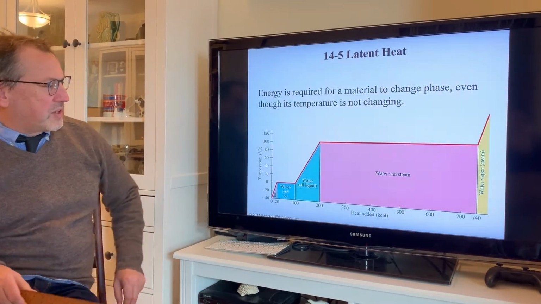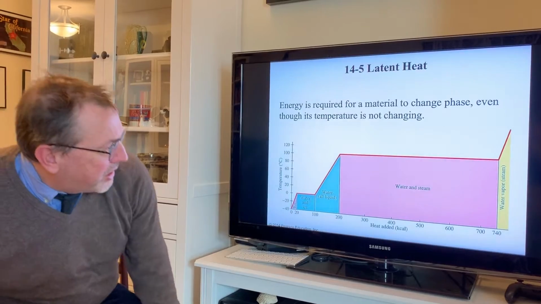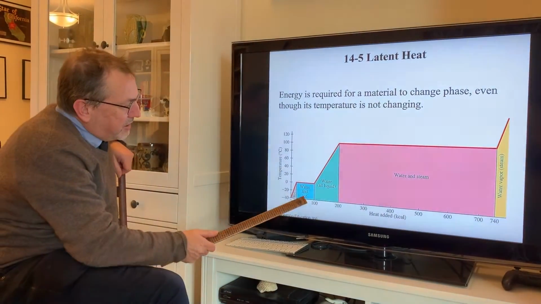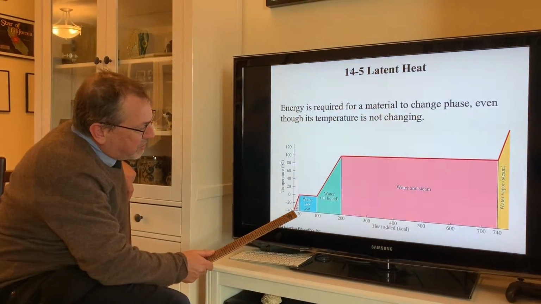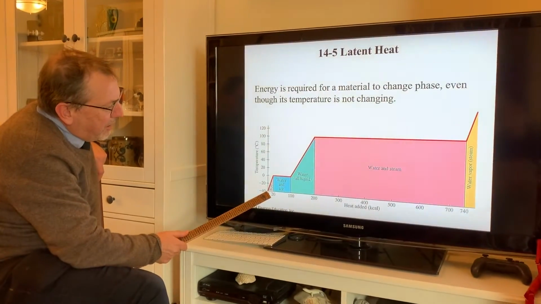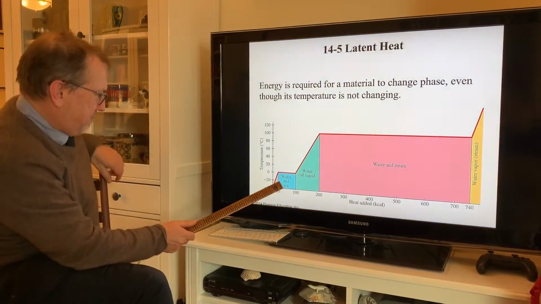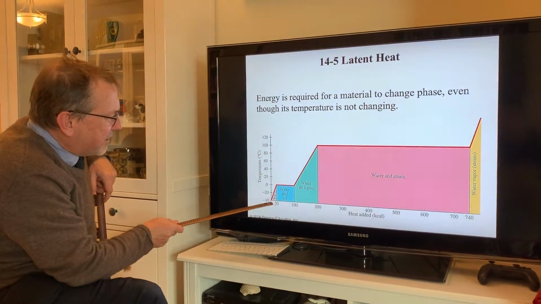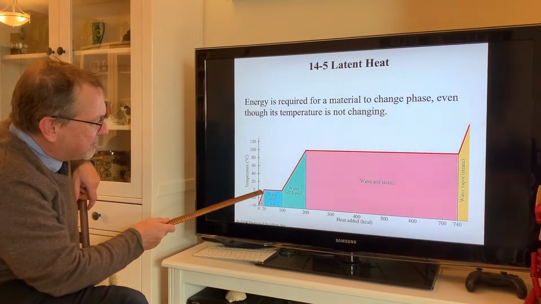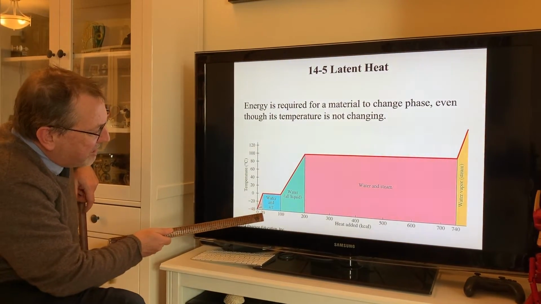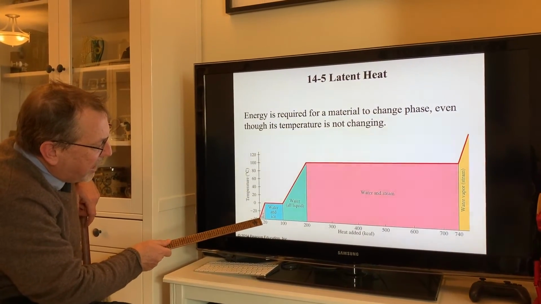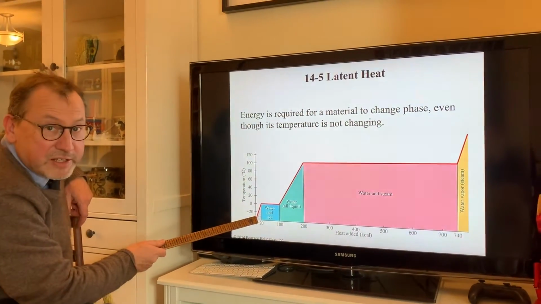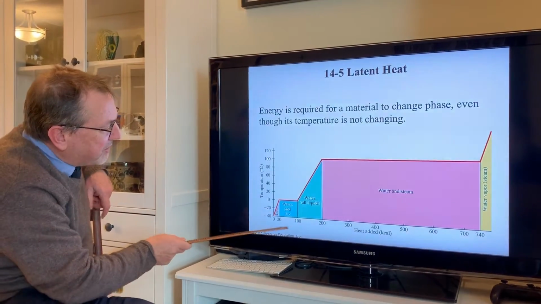So what this plot here is showing, and this is an important one, is ice at minus 40 degrees centigrade, here's 0, and this is heat added. So as I put energy into ice, what happens? It heats up. So the slope of this is related to the specific heat capacity of ice.